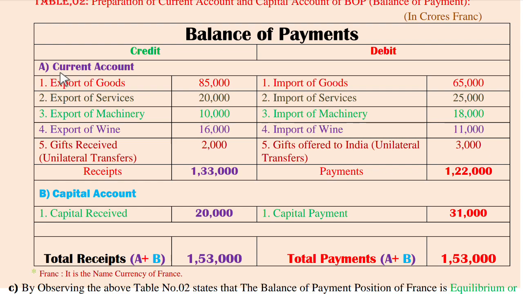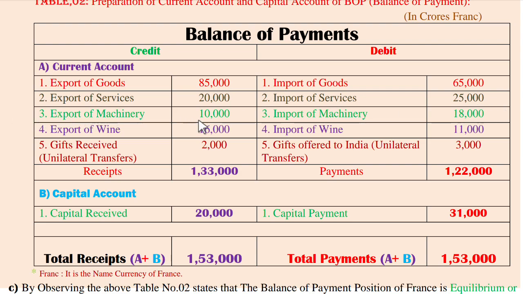The current account includes export of goods, 85,000 crore francs, and import of goods, 65,000 crore francs. Export of services 20,000 crore francs. Import of services 25,000 crore francs.